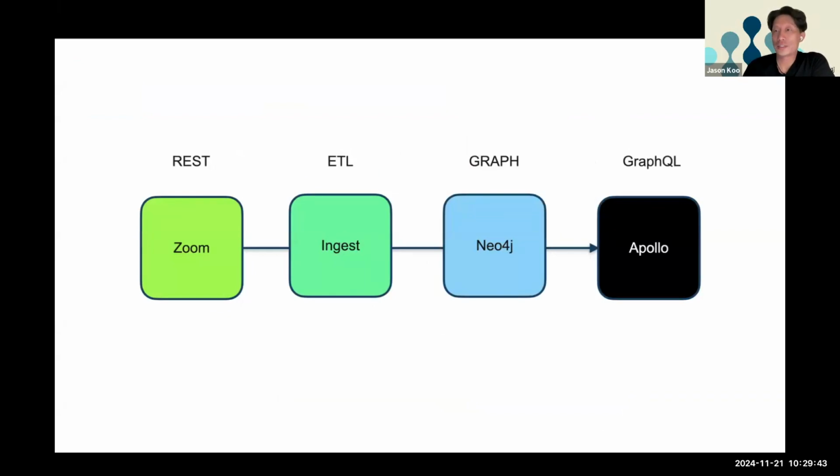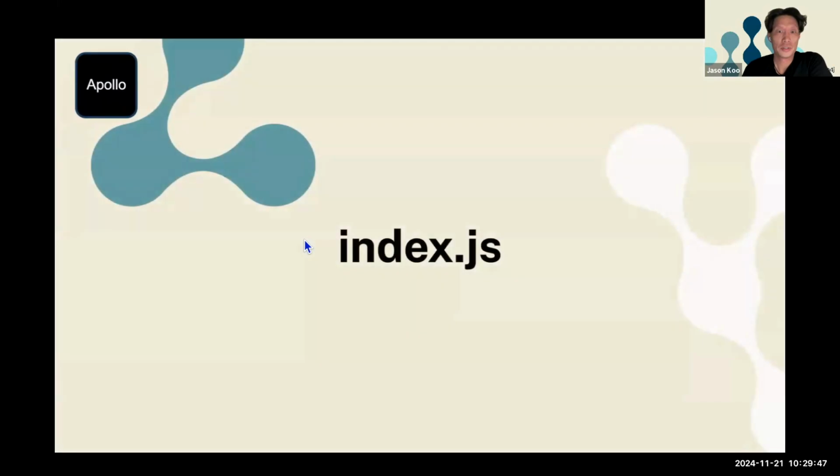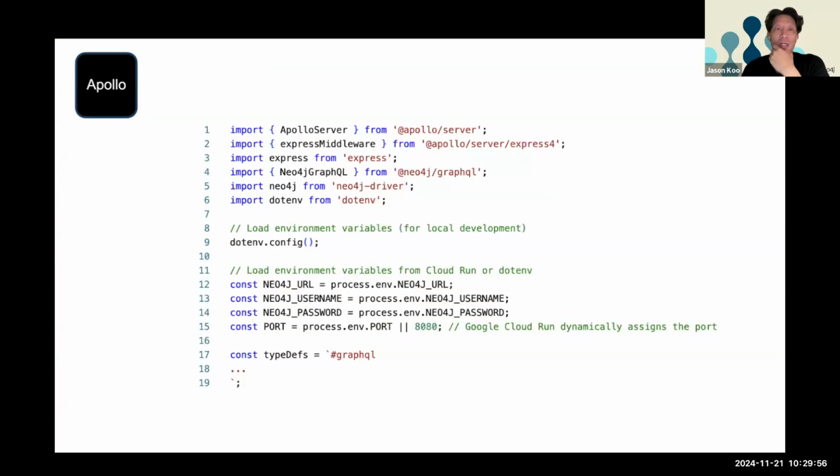Okay, so the last part of this setup is the Apollo server. So the Apollo server just needs a single index.js file. We don't actually need multiple files to run this. So two halves, right? The import statements and then pulling in the Neo4j credentials that we need to point to, whether it's a locally hosted instance of Neo4j, the username and password with read and or write access.